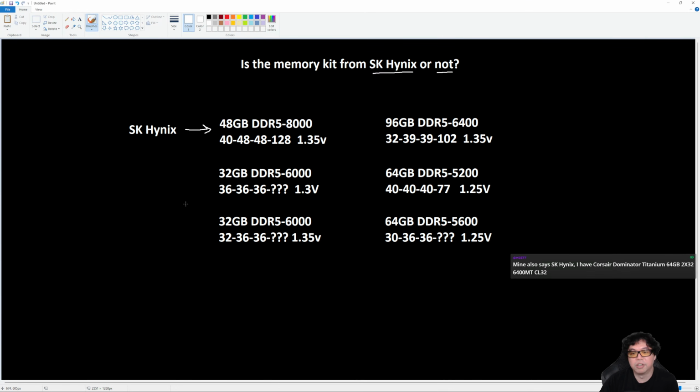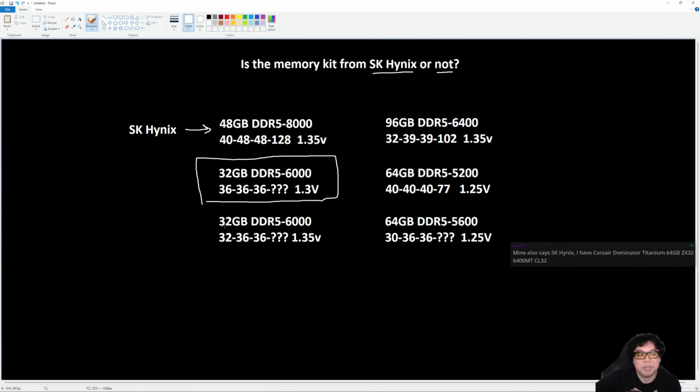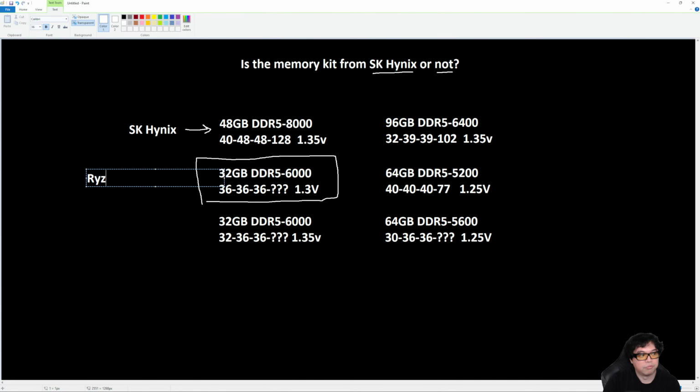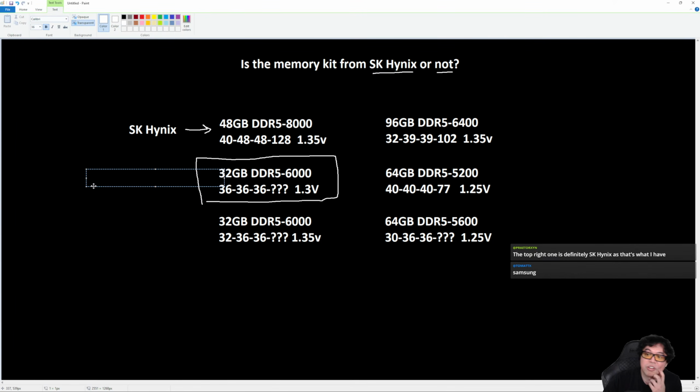All right, moving on to the next one. Number 2, this guy down here. Who made this? Free memory from Micro Center. If you bought an AMD bundle, this was free with the Ryzen 9 7950X bundle from the year 2022.